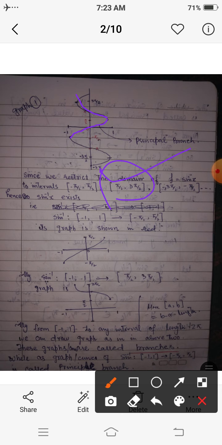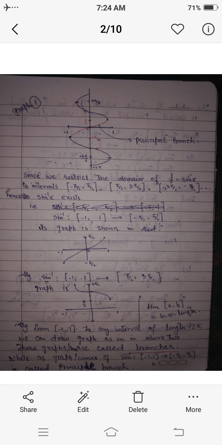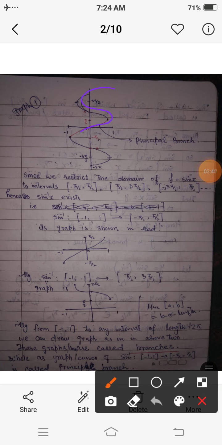Similarly, in the interval minus 3 pi by 2 to minus pi by 2, the graph of the function is like this. In this way you can find the graph of the sine inverse function, and it looks like this.